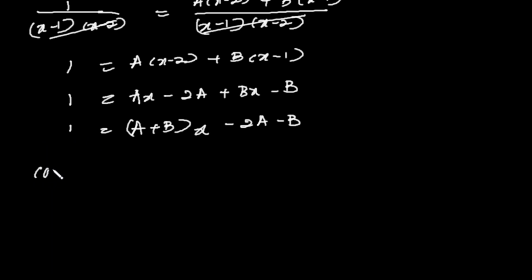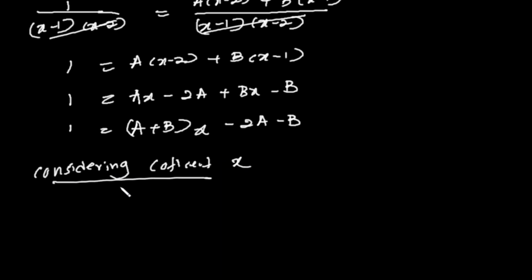Here there is no x term, so the coefficient of x should be 0 on this side. So 0 equals, but here, a plus b. Here a plus b.